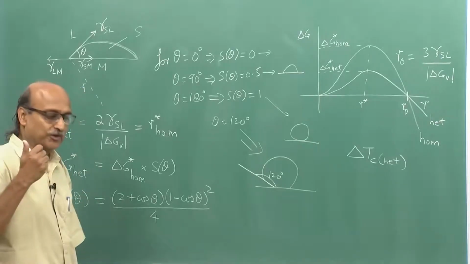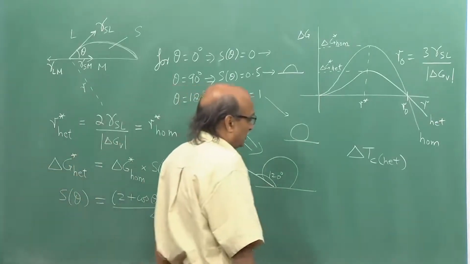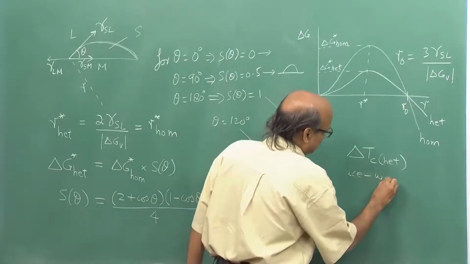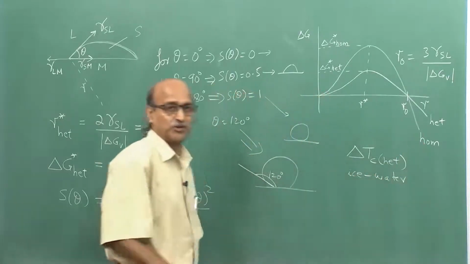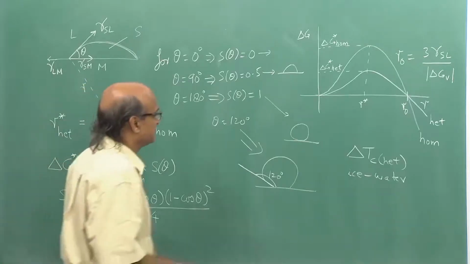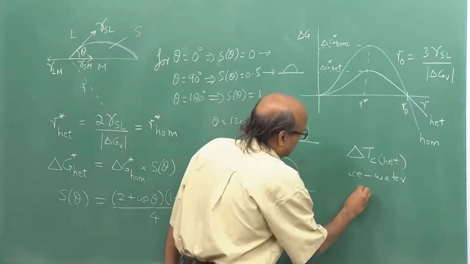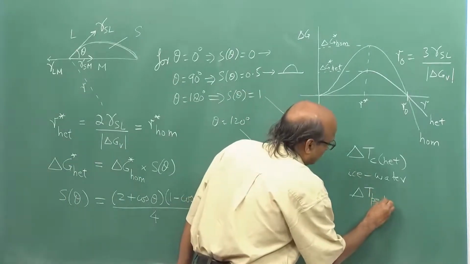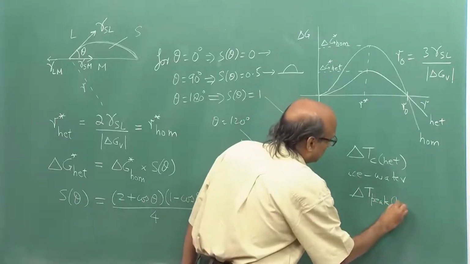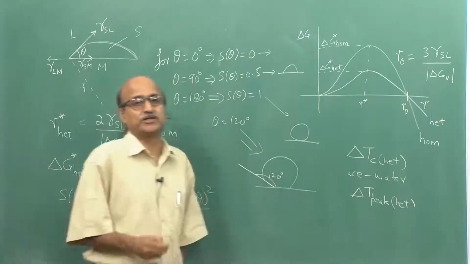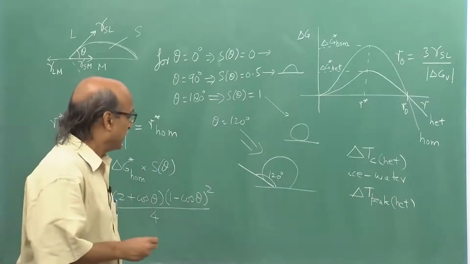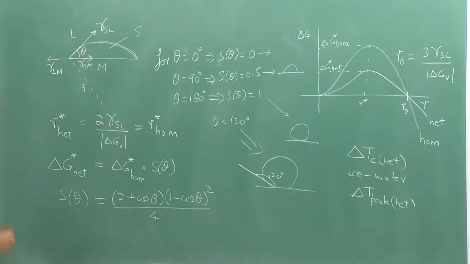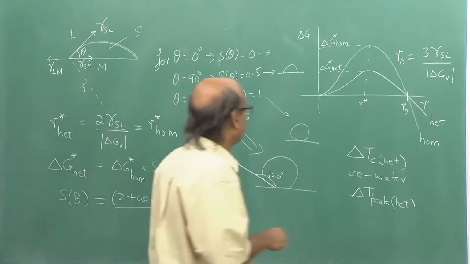So, we will do it for the ice water system again, so that we are able to compare with what we had done earlier. Similarly, I would also like to look at at what undercooling the peak in nucleation is there, and compare it with the case of homogeneous nucleation. So, let us do this quick calculation.